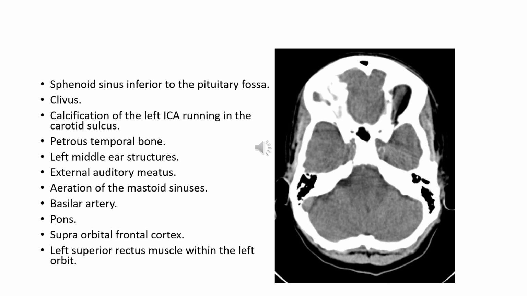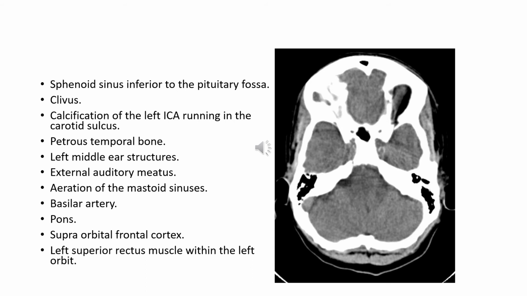The pale green arrow on both sides, here only indicated on the left side, we see calcification of the internal carotid artery running within the base of the skull within the carotid sulcus.